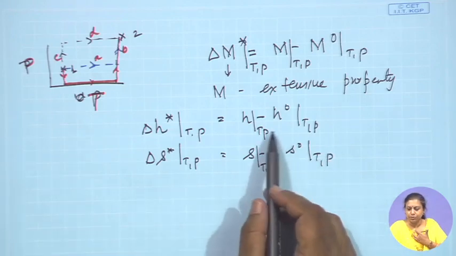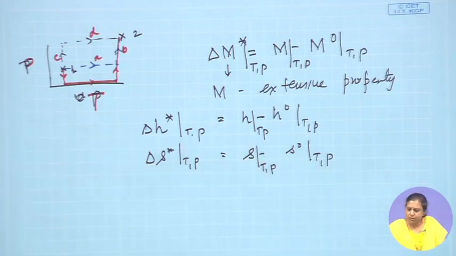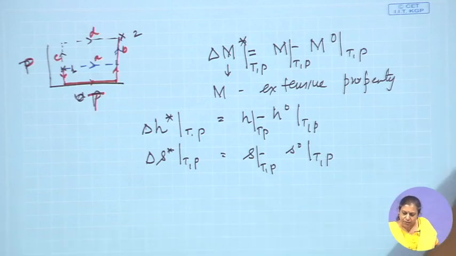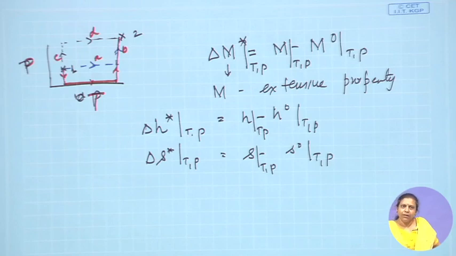So once we are in a position to define these properties, then definitely the rest of the computations become quite easy. So naturally, this class will be confined to finding out or predicting the departure functions primarily of enthalpy and entropy, so that we can use this to compute the entropy and enthalpy changes when a gas undergoes a change of state from any initial to any final state.